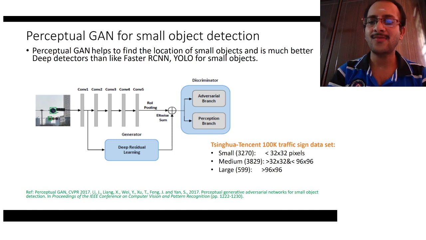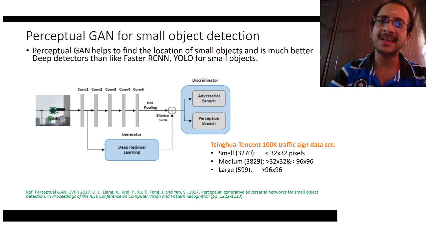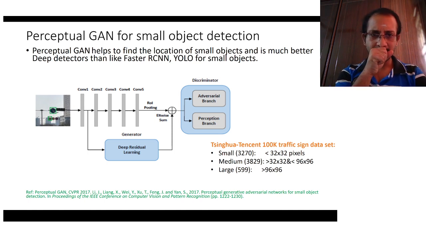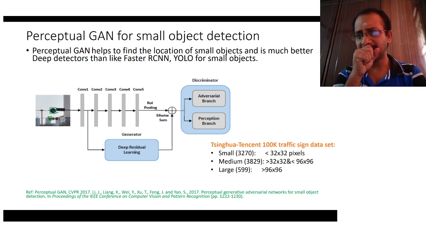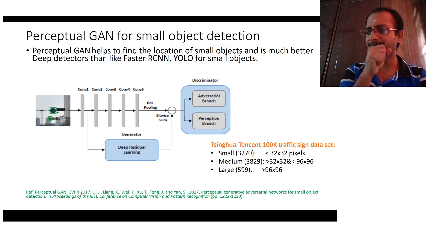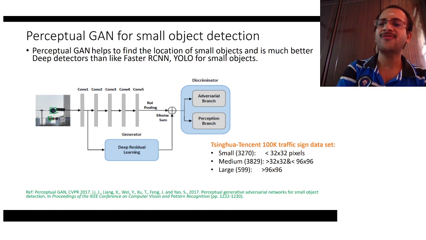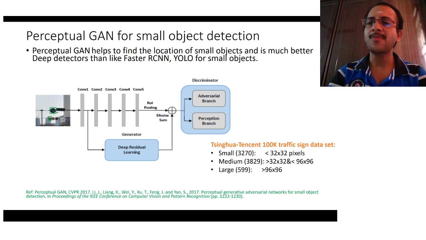Similarly, there is another framework proposed roughly at the same time, using perceptual loss. The idea here is, rather than comparing the super resolved objects, can we compare the super resolved features for better detection of the small objects?